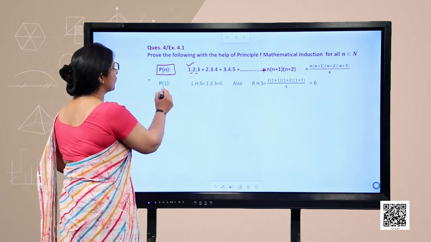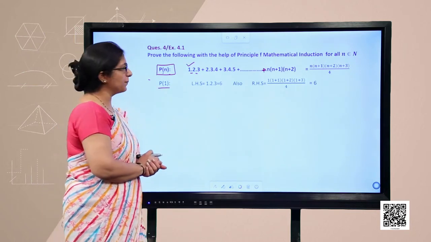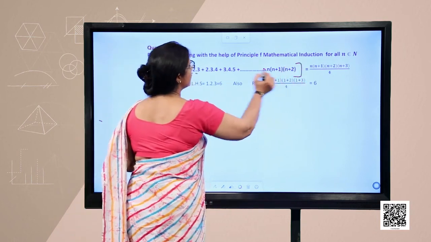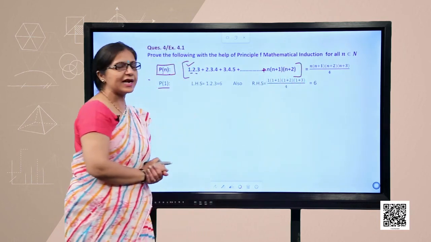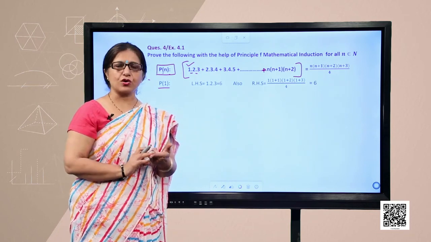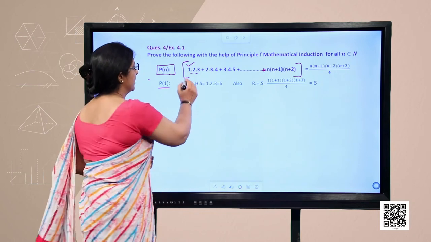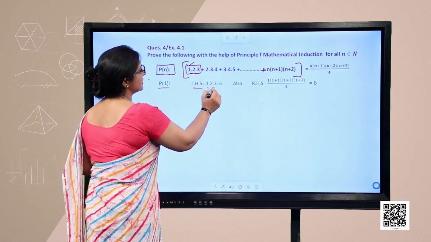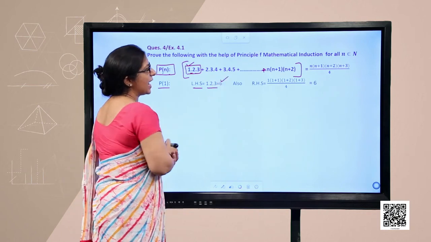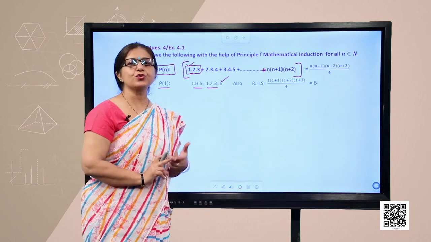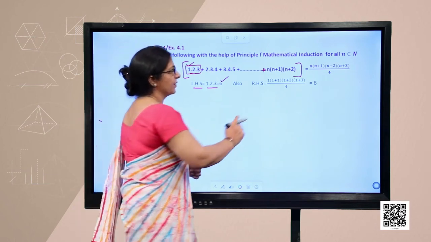So, here we are first verifying it for P(1), taking the left hand side. On the left hand side, when we are talking about n equal to 1, we are talking about the first term. Here this is the first term. So the left hand side result is 6, and when we talk about the right hand side we need to substitute n by 1.